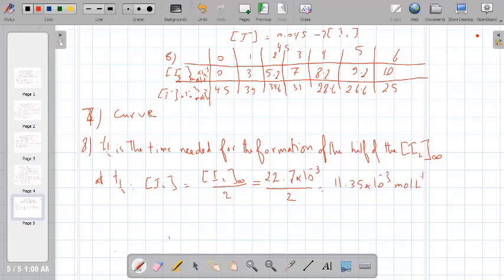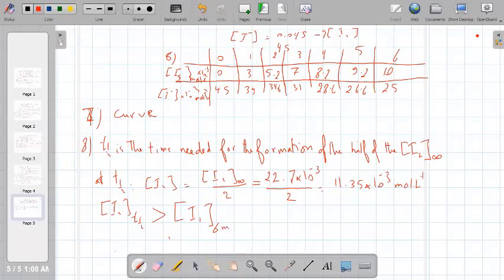If we compare this value of the concentration of I2 with that at the last instant, 6 minutes, which is 10, we find that the concentration of I2 at T-half is bigger than the concentration of I2 at the last instant, which is 6 minutes.